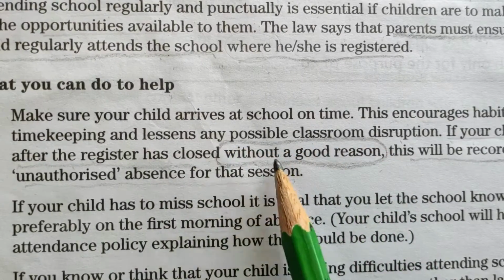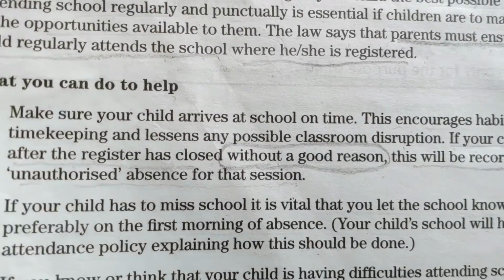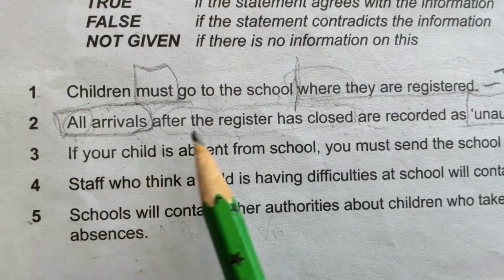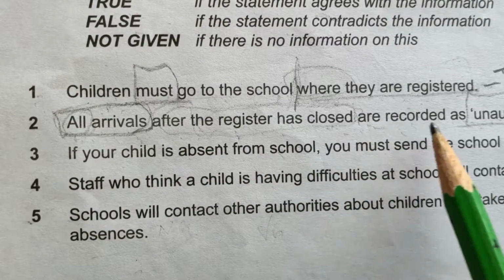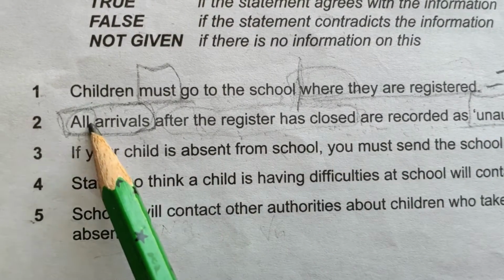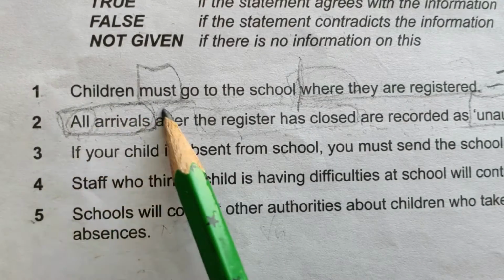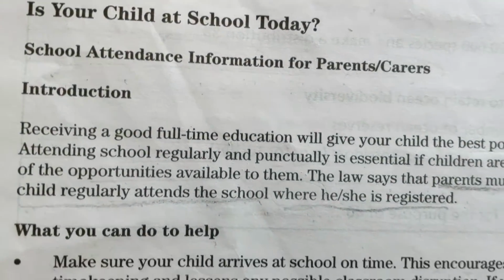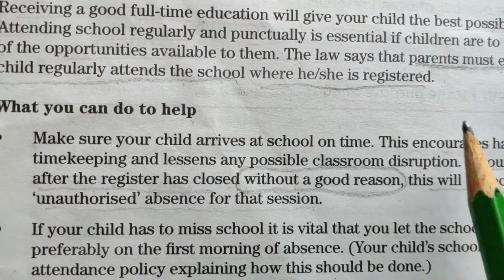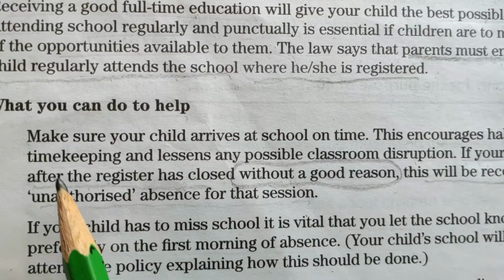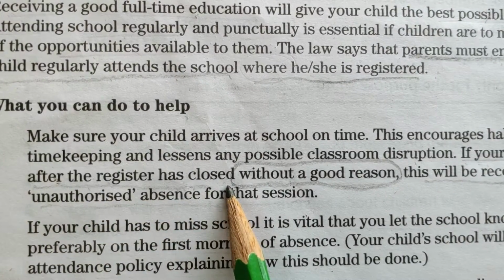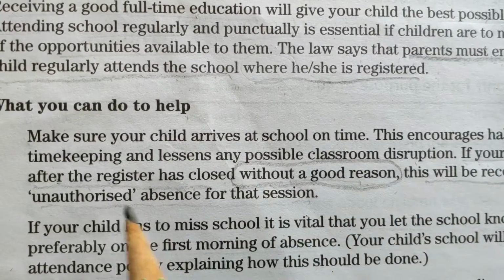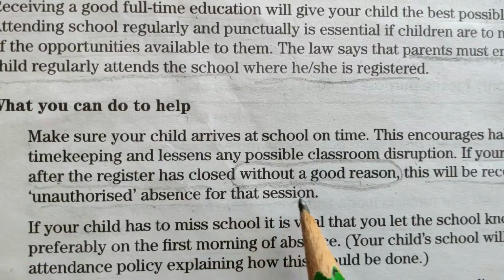And in the question they were asking all arrivals after the register has closed are recorded as. Here they are focusing on the word all arrivals, but here they have not given this kind of statement. In this statement they are saying if your child arrives after the register has closed without a good reason, this will be recorded as an unauthorized absence for that session.